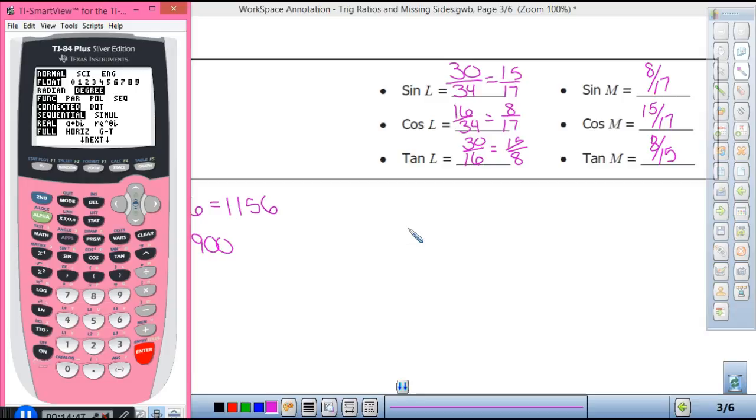Hit enter. If it's not, you gotta go over to that and hit enter. Anybody else got crazy calculators out there?